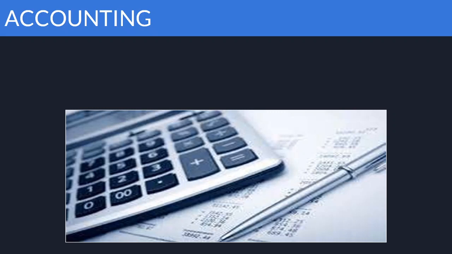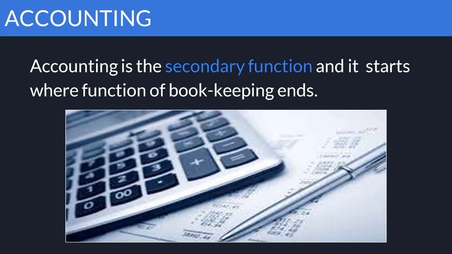Now, what is accounting? Accounting is the secondary function and it starts where bookkeeping ends. It shows the profit earned or loss incurred during the accounting period, the value and nature of assets, liabilities, and owner's equity, that is, the capital.